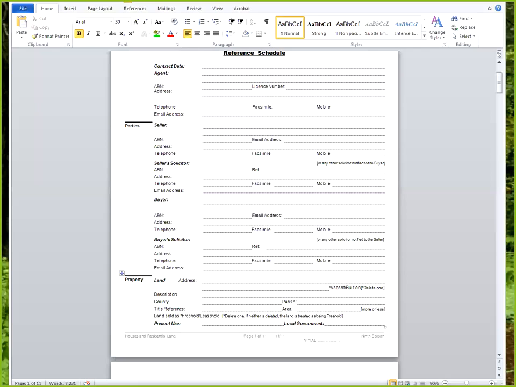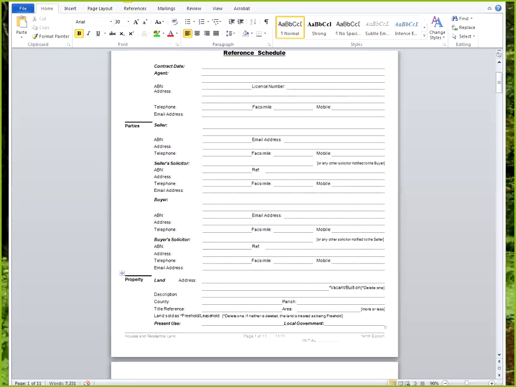So let's assume, for example, that we're talking about the acquisition of a property which is built on. We would insert the address and we would delete the word vacant as it appears, meaning that the property is one which is improved, built on, in other words.